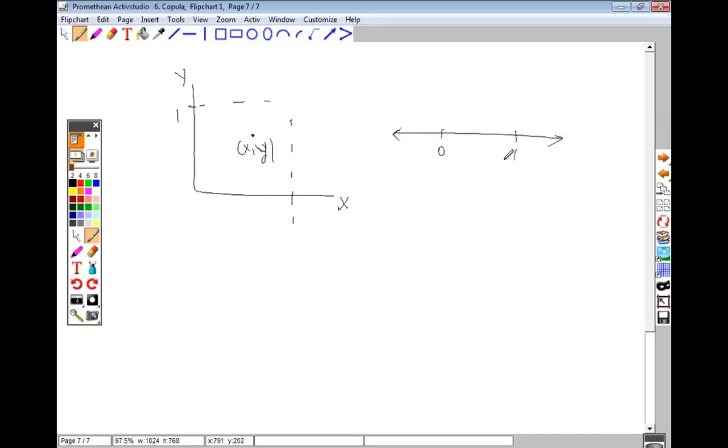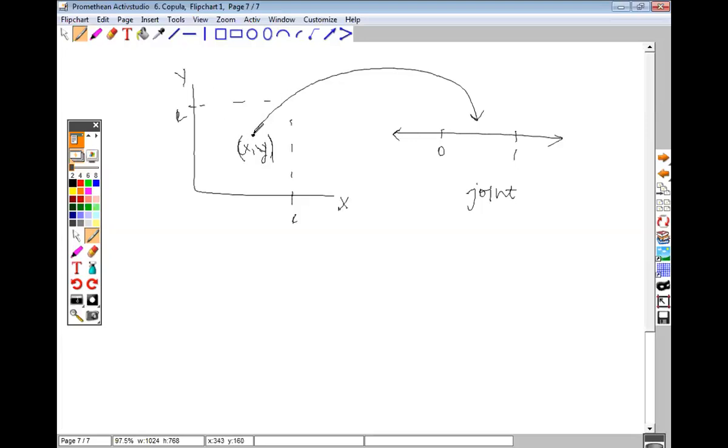From this X and Y, I want one number which includes the dependency between X and Y together. So that is why this would be my joint that I'm looking at, and this is the marginal X and the marginal Y.